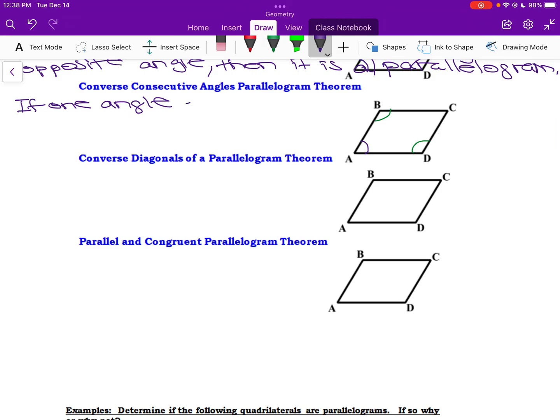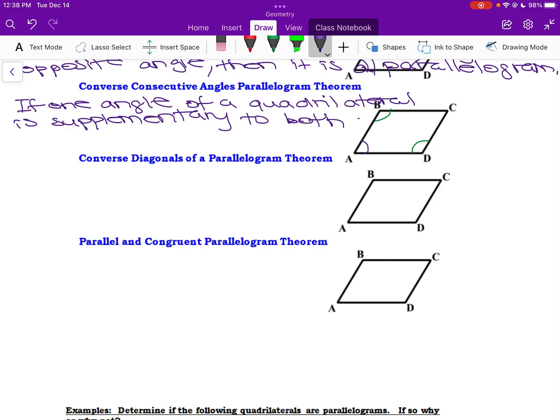If one angle of a quadrilateral is supplementary to both of the angles on its sides. Remember, it has to be both, not just one. Then it is a parallelogram.